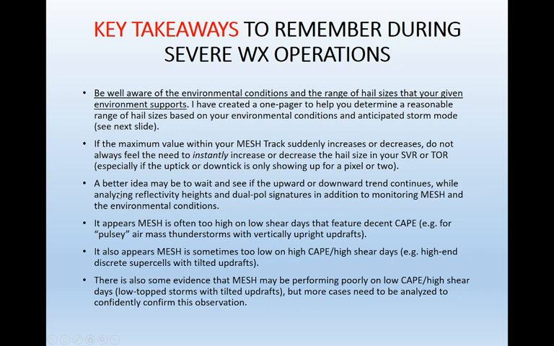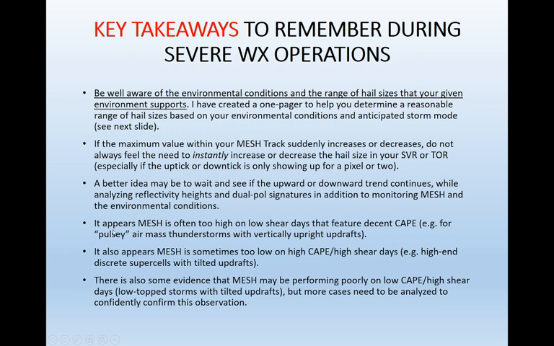It seemed like a better idea, one that would work better and lead to better verification results, would be to just wait and see a little bit, maybe another volume scan, to see if that upward or downward trend continues, and if it's for more than just 1 or 2 pixels. And then also, while analyzing your reflectivity heights, your dual pole signatures, in addition to monitoring the mesh product and your environmental conditions.